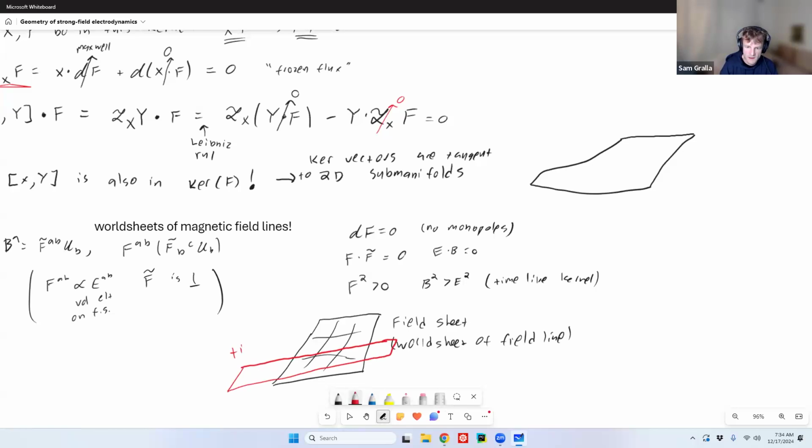So this is a time slice representing some instant of time. People who do black hole electrodynamics have some time slicing and talk about magnetic fields according to some family of observers. Well, this has some intersection with the field sheet, and that is going to be the field line according to these observers.